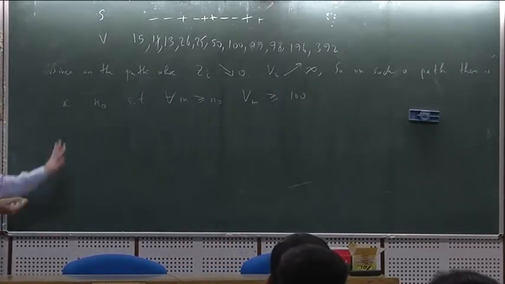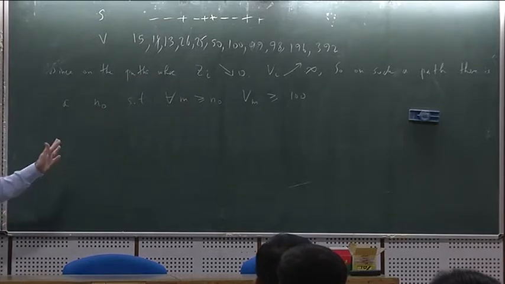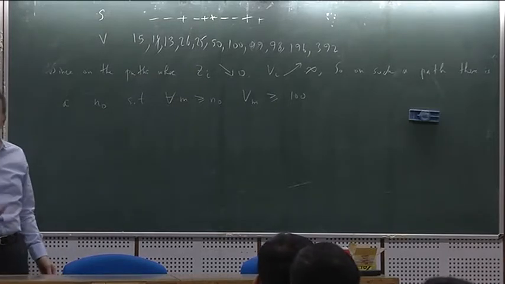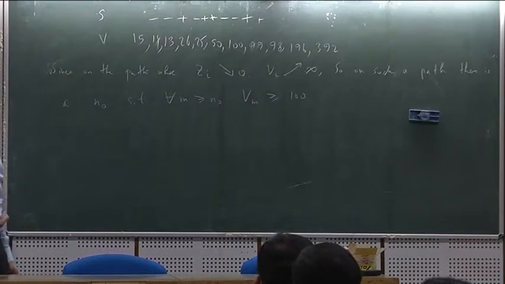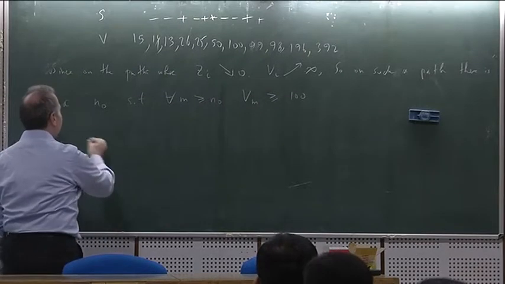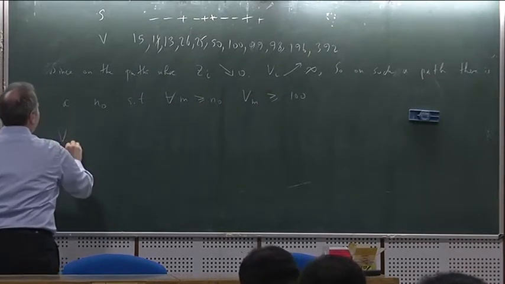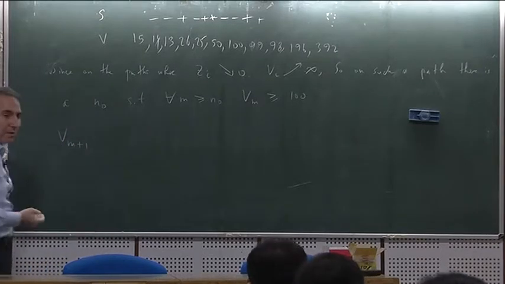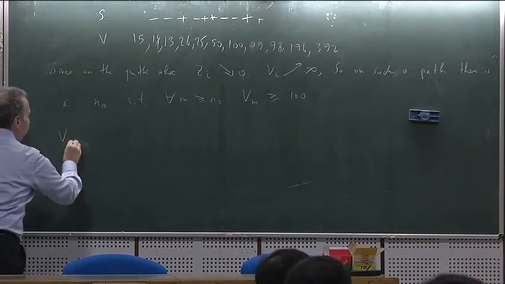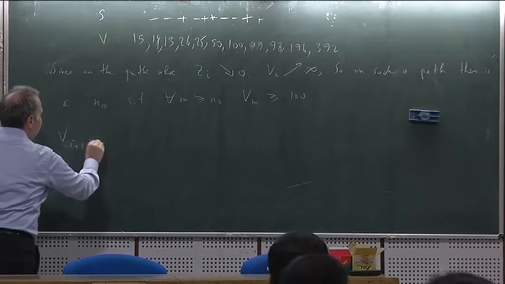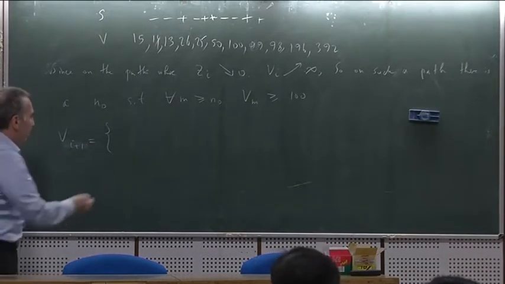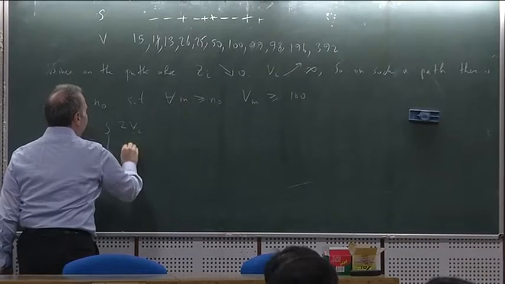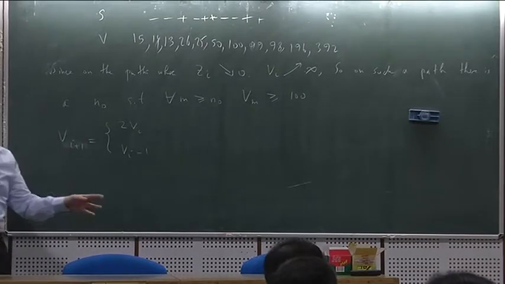Okay, so let's now take a look at this process from n0 onwards. What we'll see is the following thing. For these paths, the vi plus 1 is going to be equal to either 2vi or vi minus 1. That's the evolution.